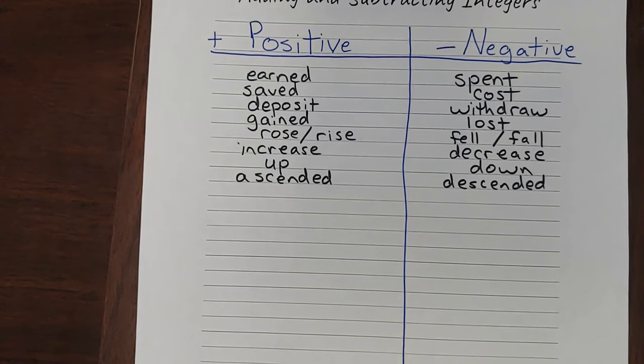Ascend, if they're on a math problem, when it says ascend, it's probably referring to going up a mountain or a hill or something like that. I'm talking about how high above sea level you are.